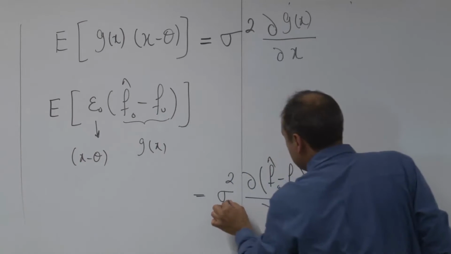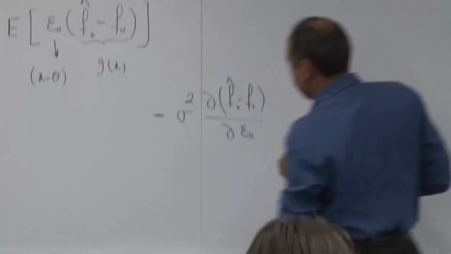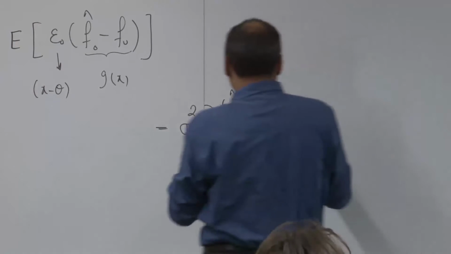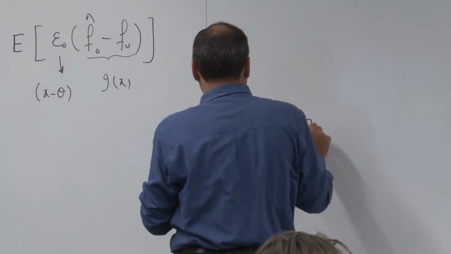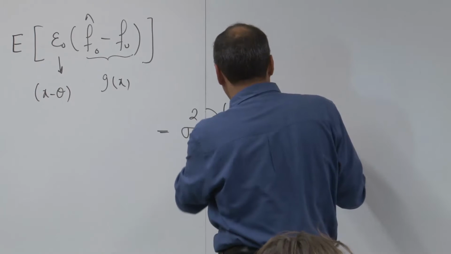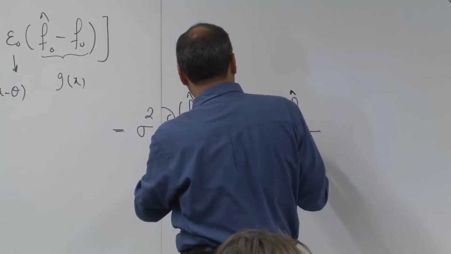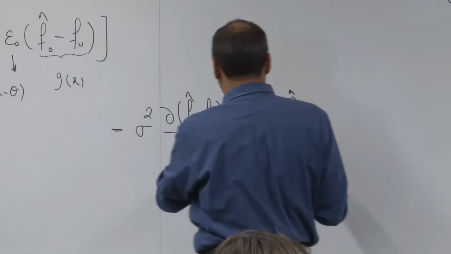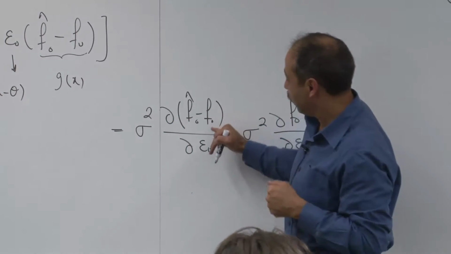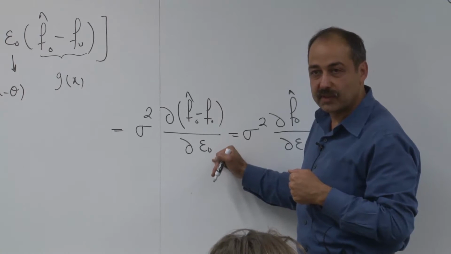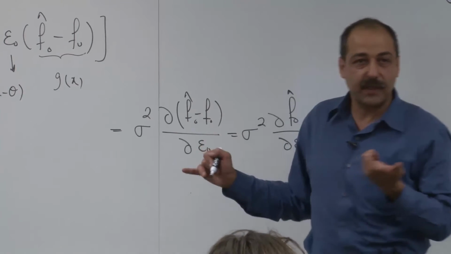So this is sigma squared is constant. But what does it mean? It's sigma squared times the derivative of f hat with respect to epsilon, minus the derivative of f with respect to epsilon, which is 0, because f is independent from epsilon.